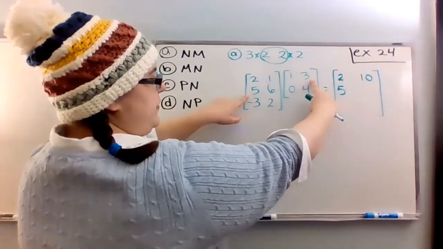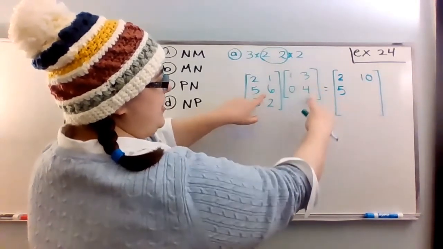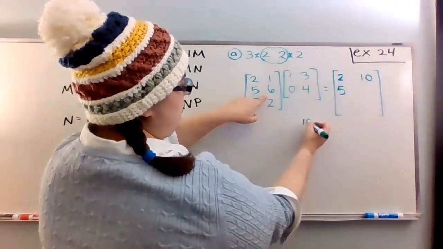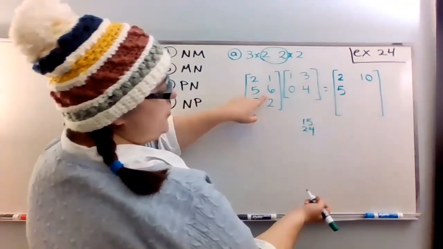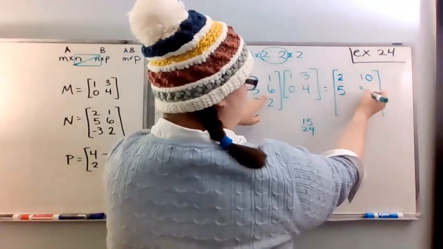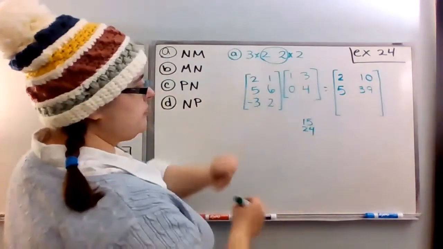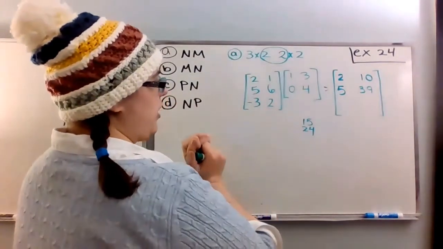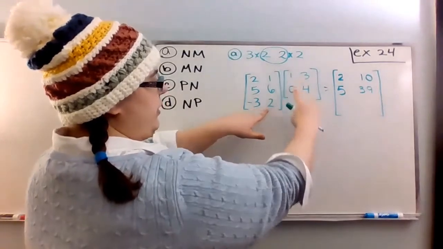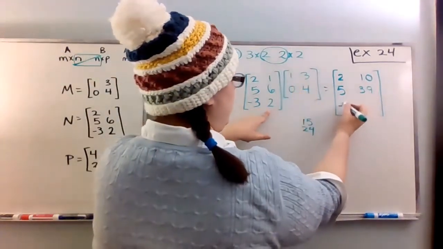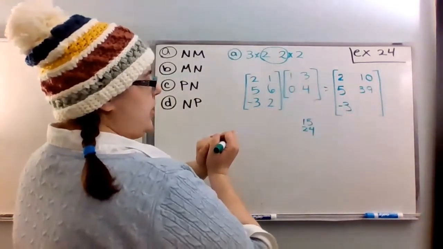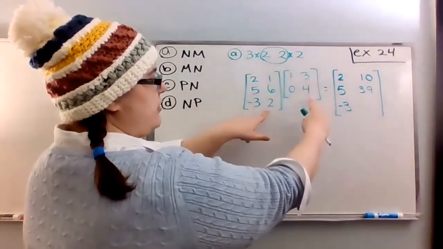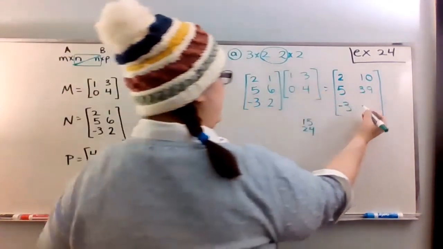And then 15 and 24, so that looks like 39. We're going to do our last row and our 2 columns. So negative 3 and 0 is negative 3. And then we have negative 9 plus 8 is a negative 1.